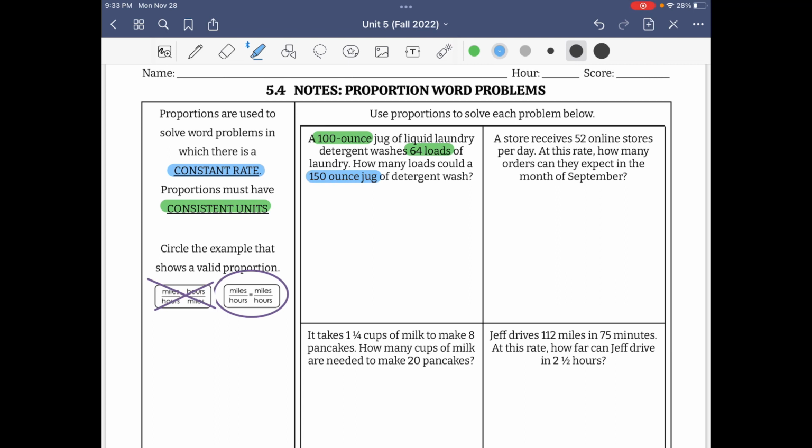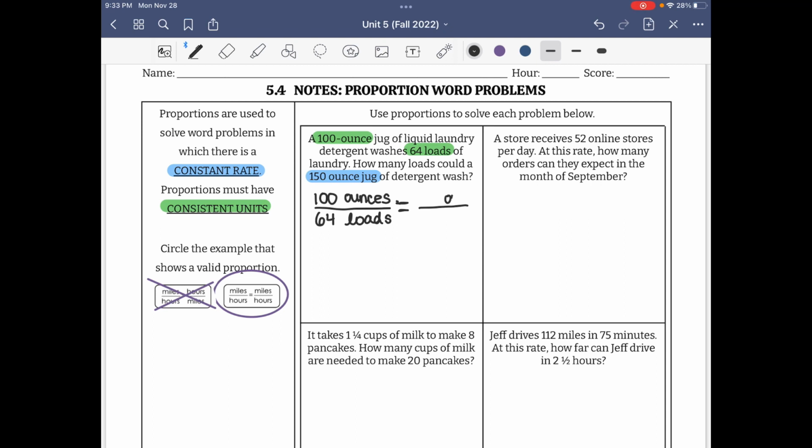So I'm going to set up a fraction from the first sentence, and that is 100 ounces over 64 loads of laundry. Perfect. And this has to equal a fraction that uses the 150. You just have to decide, where do you put the 150, on top or bottom?